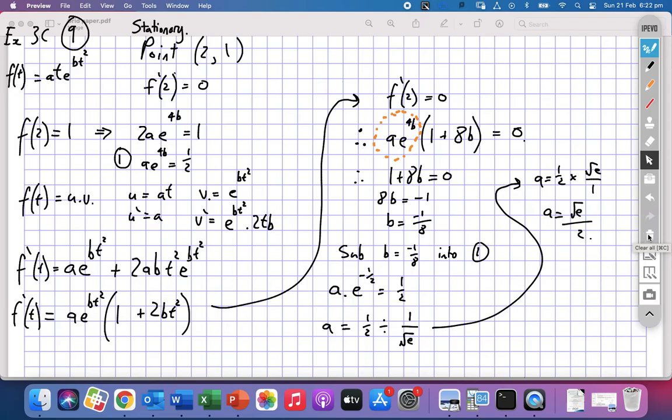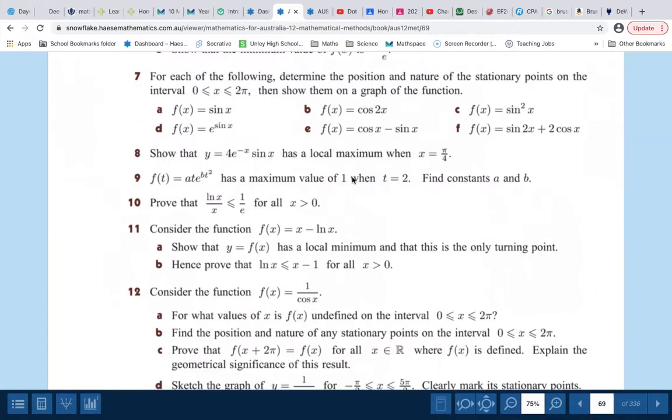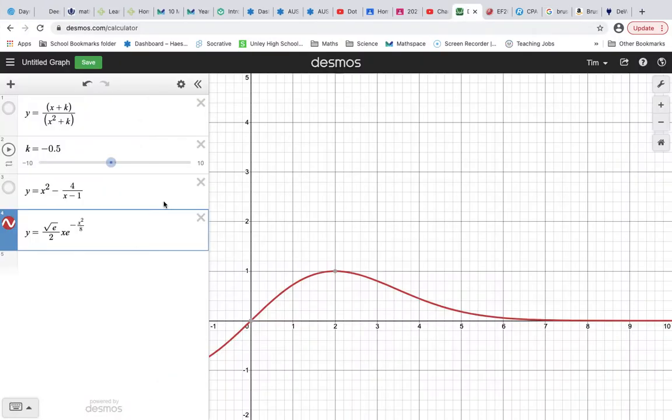So what I wanted to show you was what this function actually looks like now. Now that I know what the a is and I know what the b is, where did I write it? There. I put them in because I was wondering, what does it look like? So I typed it into Desmos here.